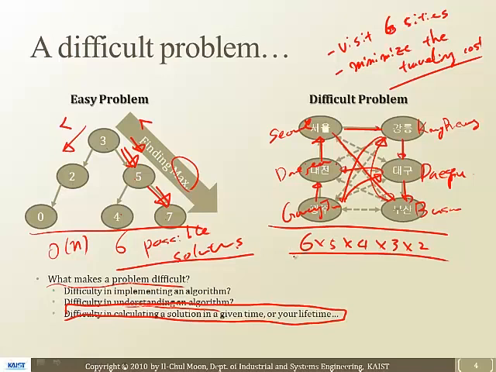However, traveling these 6 cities has n factorial possible routes. It means that if we just take the naive approach, it's going to take order of n factorial, right? And if n becomes large, this is going to grow very fast. It's going to grow faster than the exponential case.